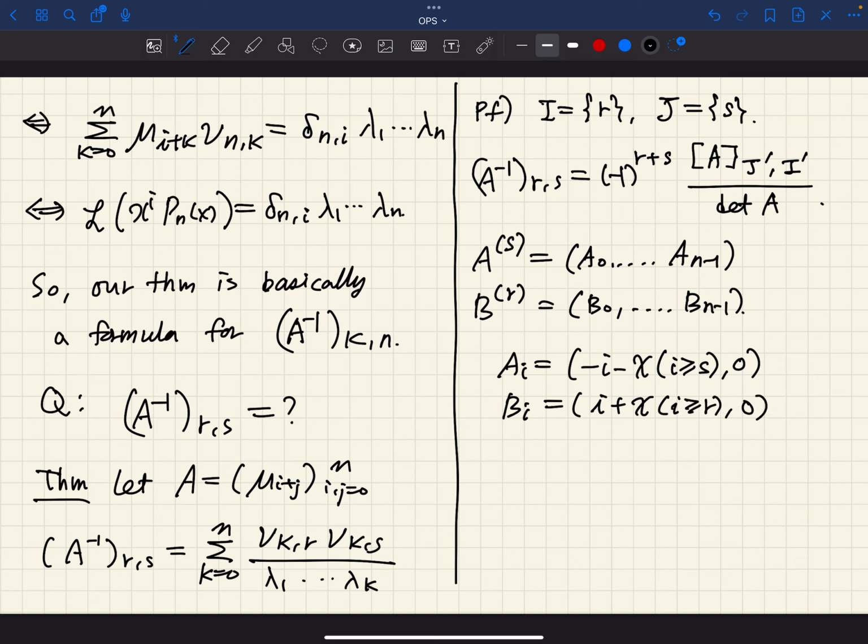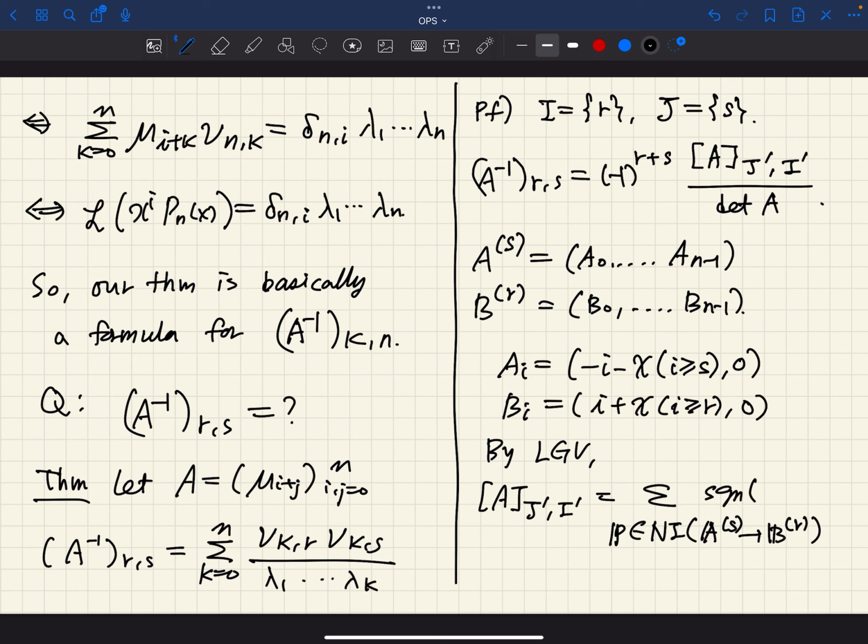We shift the points by 1 if they are greater than s or r. So, by the LGV lemma, the matrix entry or minor is the generating function for all non-intersecting lattice paths from A_s to B_r, with sign and weight.